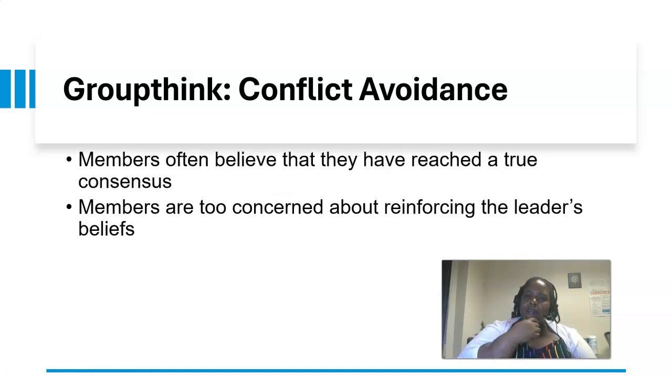Members often believe they have reached a true consensus, but we want to make sure that that is actually true. And they might be too concerned about reinforcing the leader's beliefs. So good leaders know when to step back and let opinions be heard, and know when to intervene.